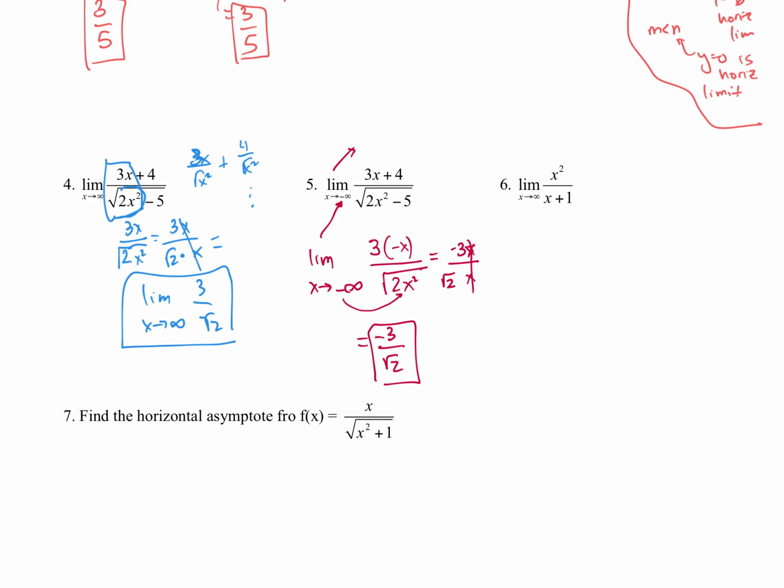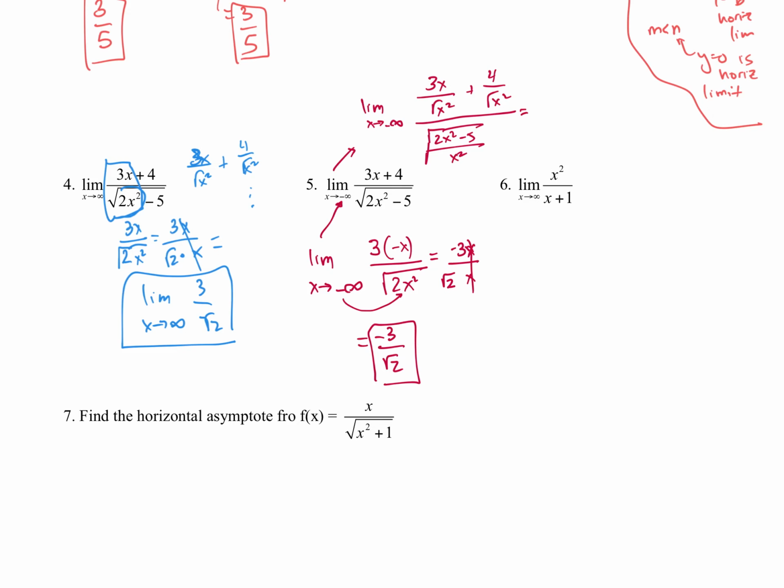Okay, so if we did this the long way, take a look. I have the limit as x goes to negative infinity, and I'm going to divide everything by that square root of x squared, like I did over here. So it'd be 3x over root x squared plus 4 over root x squared, all over root 2x squared minus 5, and each of these over that x squared.